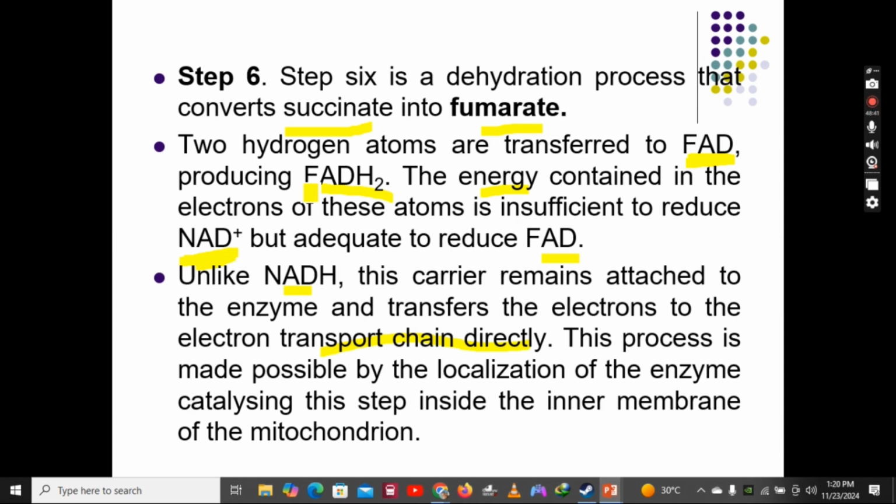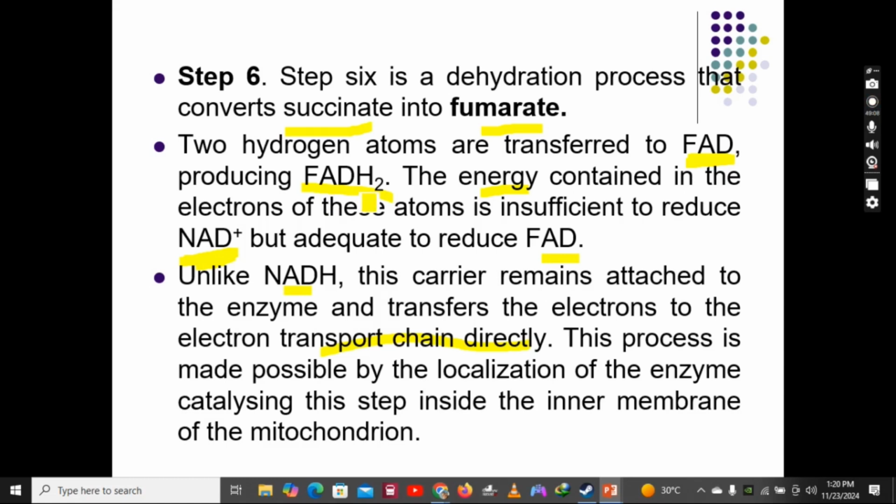leads to aerobic respiration, or what's the other name I can use? It's cellular respiration, a way in which our cells are able to produce energy using these two, the FADH2 and the NADH.